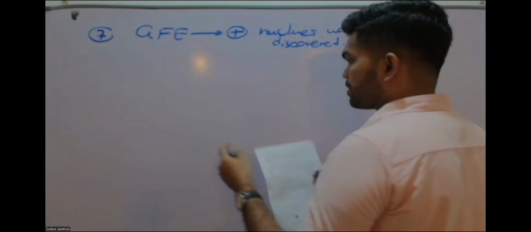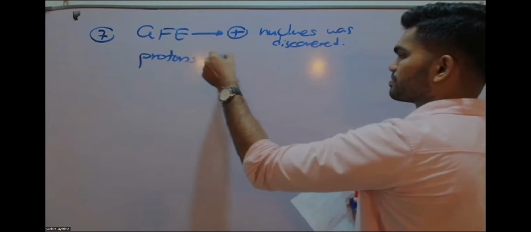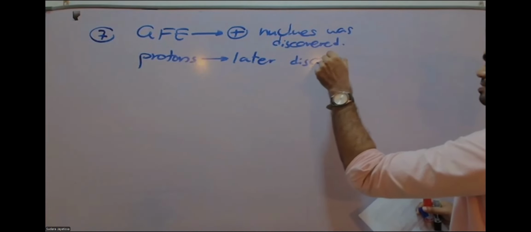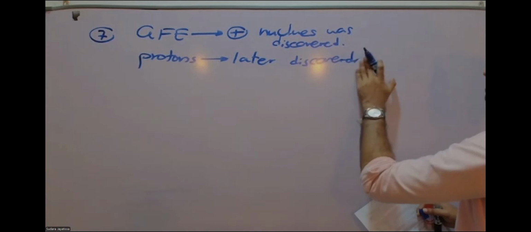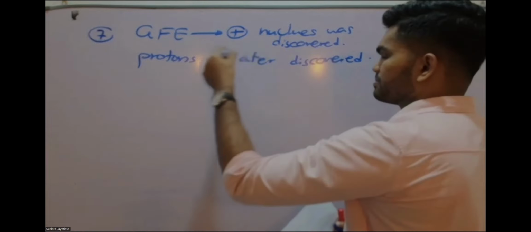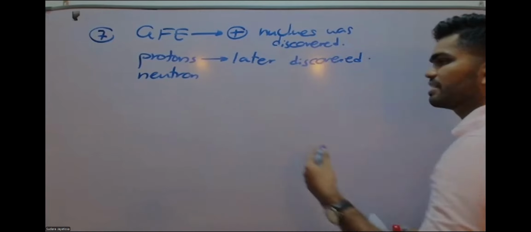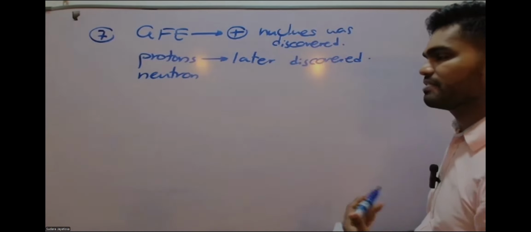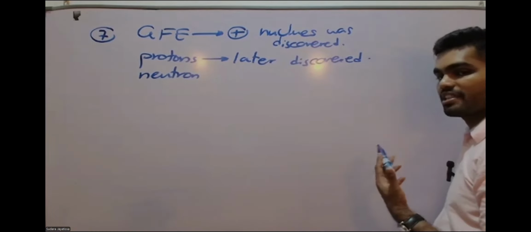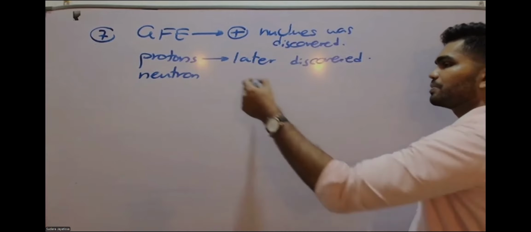And then the proton was discovered later, later discovered by Rutherford. Same person. But the neutron was discovered again by someone else. The idea of the neutron was suggested by Rutherford, as I was explaining in the theory class. Rutherford said something neutral must be there in the nucleus to minimize the repulsion of protons, but he couldn't discover that.